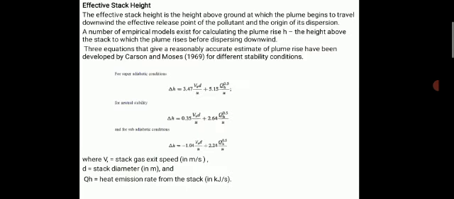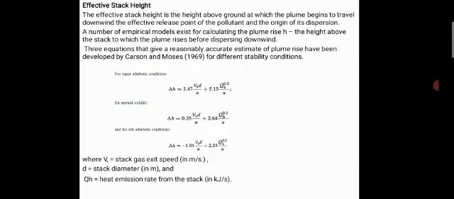Effective stack height. The effective stack height is the height above ground level at which the plume begins to travel downwind. It is the effective release point of the pollutant and the origin of its dispersion.